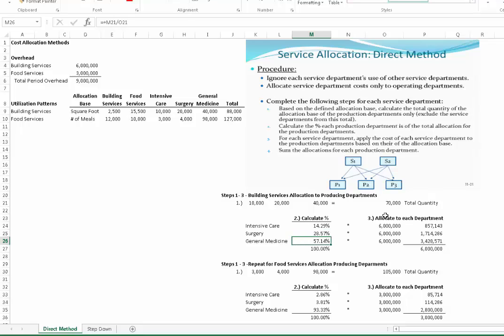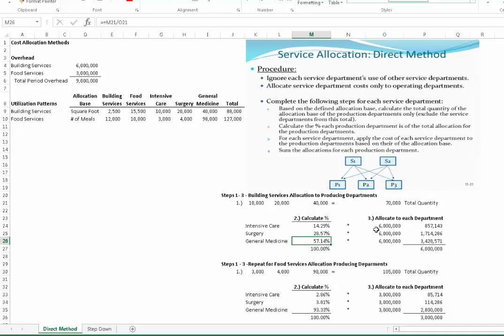Then 3, we need to multiply that out. The total helps us figure out the percent each one consumes of the allocation base, which is the square footage. Then we use that percentage to allocate the $6 million for building services out to each of the producing departments.